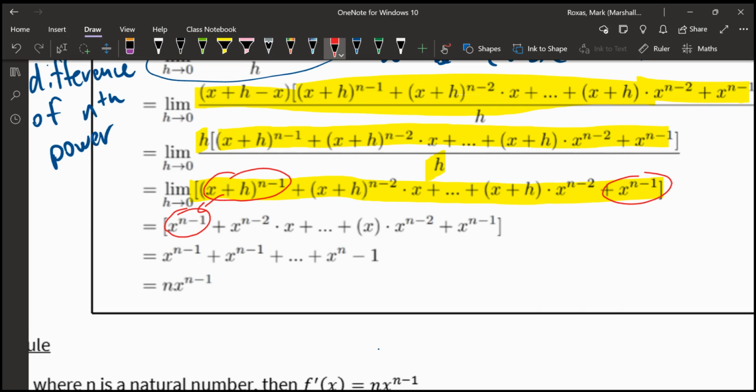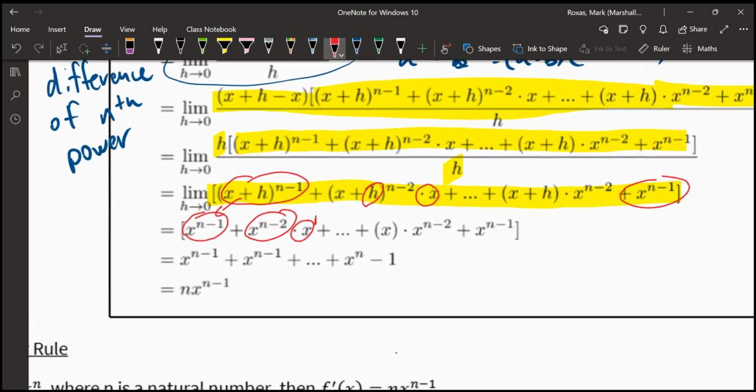Okay, but notice how x plus h to the power of n minus 2 times x, when h is 0, it just becomes x to the power of n minus 2 times x, and x has that invisible 1. Okay, and it turns out that every single term in this expansion resolves itself, right? X to the power of n minus 2 times x to the power of 1, multiplication rule of exponents, add their exponents, n minus 2 plus 1 just becomes n minus 1.